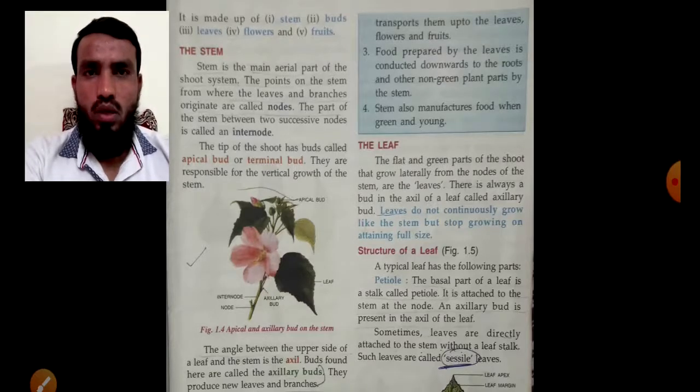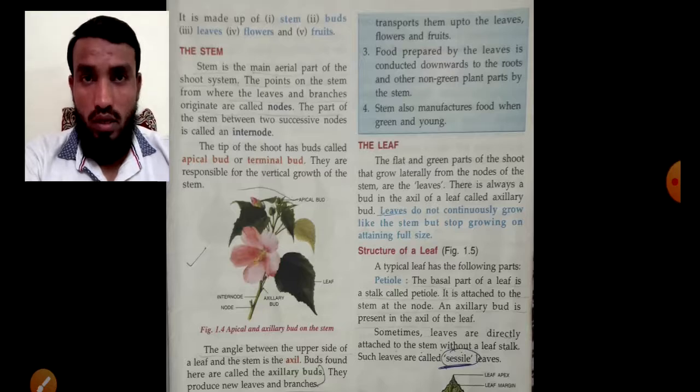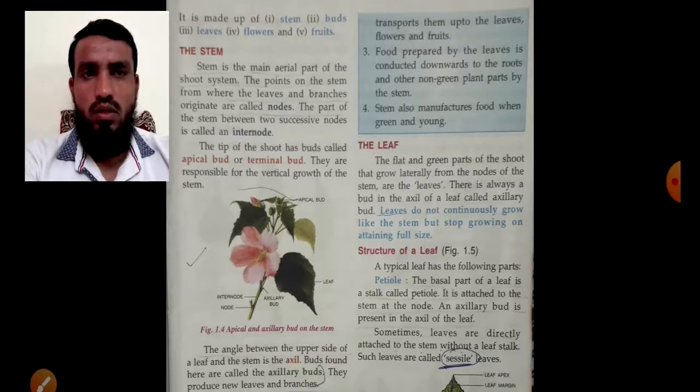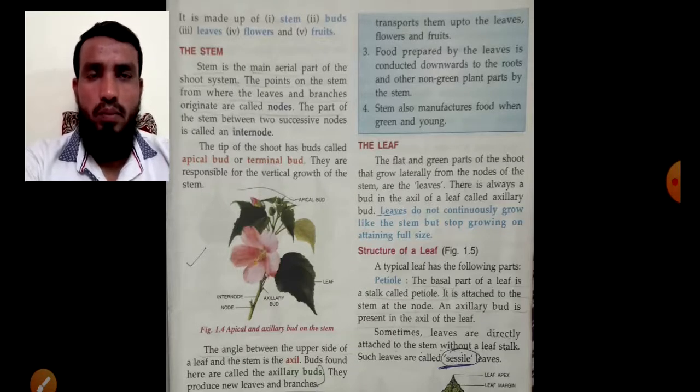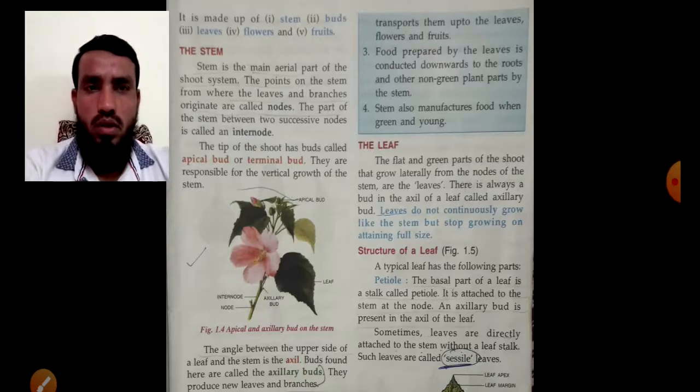This stem has different kinds of nodes, that are points on the stem. From there the different branches or leaves grow. So this is actually a very main thing for the plant. And the part of the stem between two successive nodes is called the internode, right?